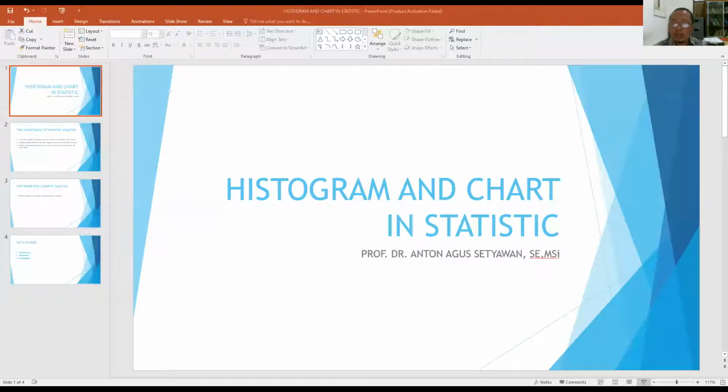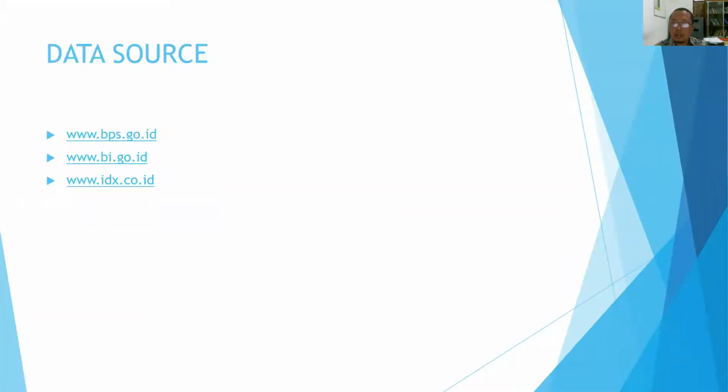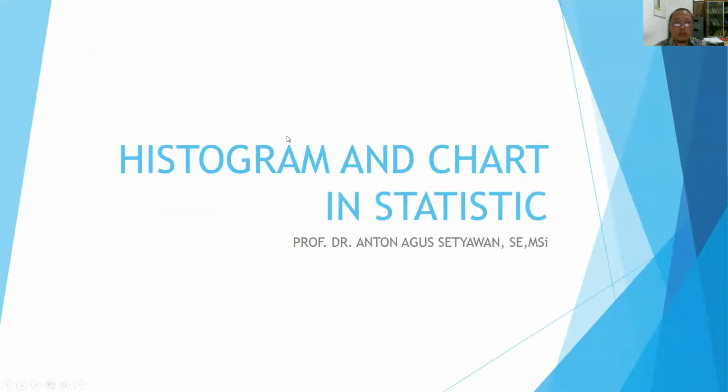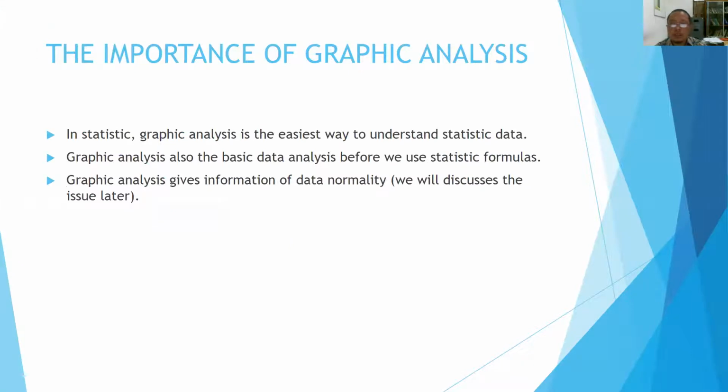Okay, let's start with why the histogram and chart in statistics are very important. This is the basis for analyzing statistical data and also describing the data. In statistics, graphic analysis is the easiest way to understand statistical data.